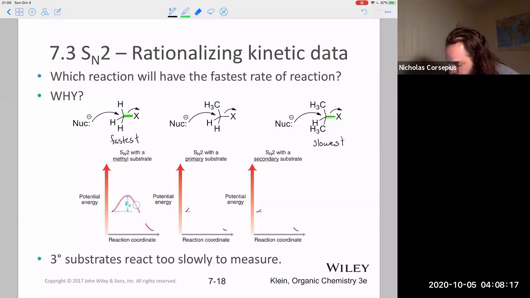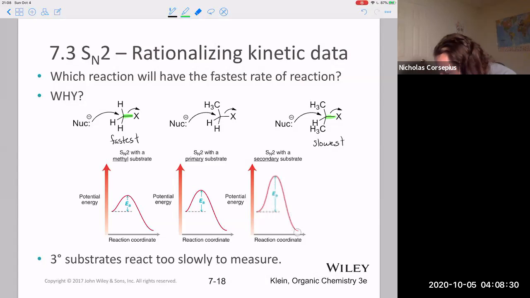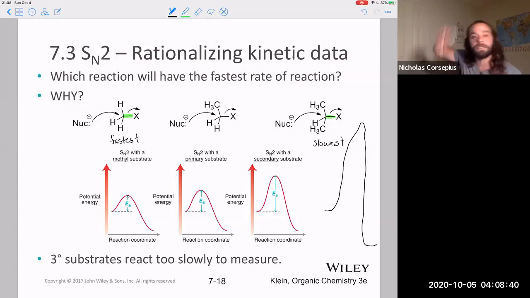That means the big difference between these reactions is going to be the height of that activation energy barrier. Going from methyl to primary to secondary, what we're really seeing is an increase in that activation energy. And then tertiary, which we say doesn't happen, maybe that's just all the way up here, some ridiculously high barrier that just can't be overcome.